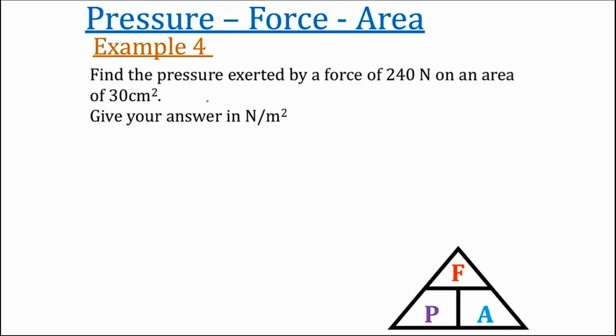Now there's a small problem, that the area is given to us in centimeters squared and our answer should be in meters squared. So if you remember, in one of the previous slides I have told you that 1 meter square is equal to 10,000 centimeter squares.